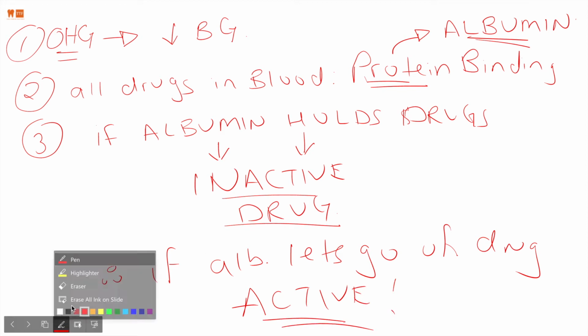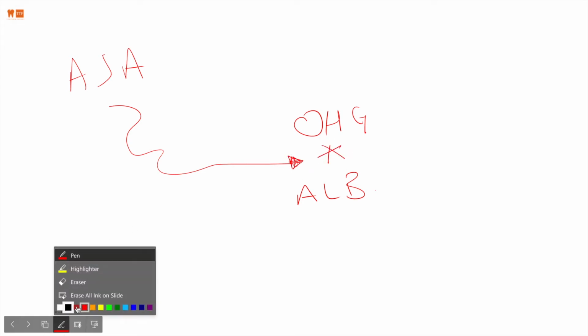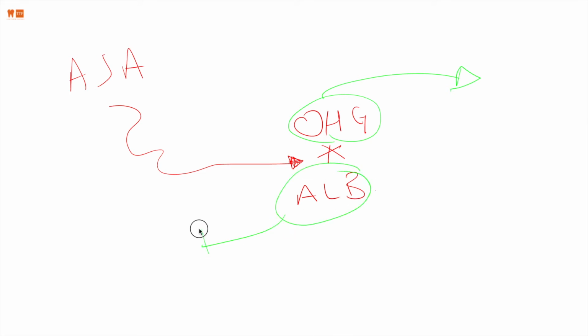Okay, perfect. Now, the pattern with aspirin is that if there is an oral hypoglycemic attached to albumin, aspirin will come in, attack that bond, and break it. Then the oral hypoglycemics will leave and albumin will break off from them.